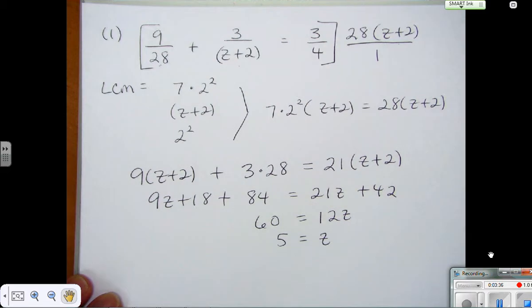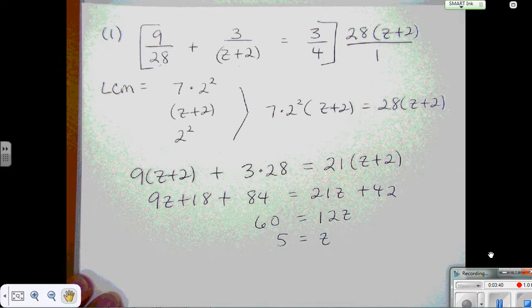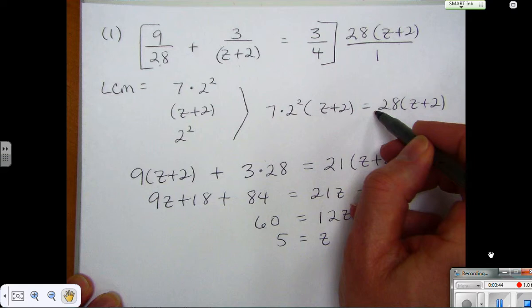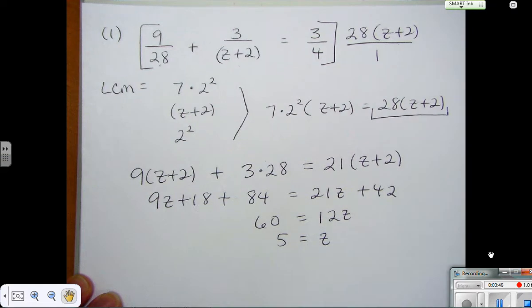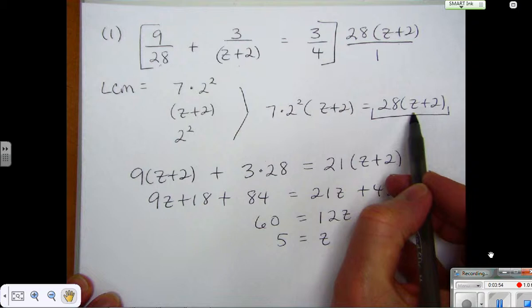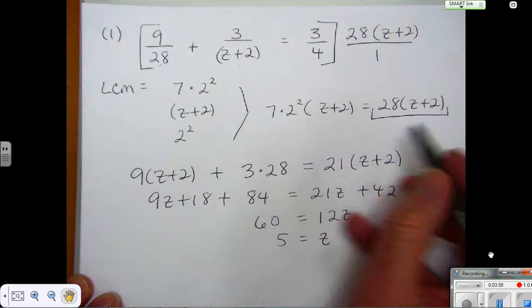Okay, I need to check my answer and make sure that it's not a restriction. And the way that you get your restriction is by taking your common denominator, because that's all the denominators combined, so that's going to be representative of everything that you are using. I'm going to take the part that has the variable, so in this case it's just the z plus 2.